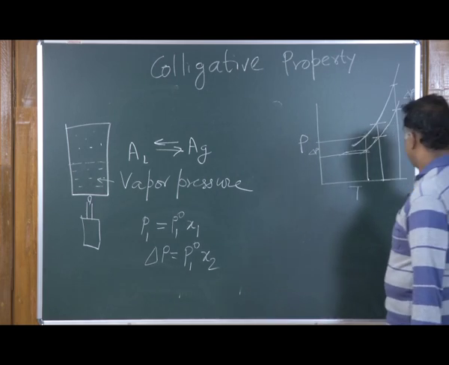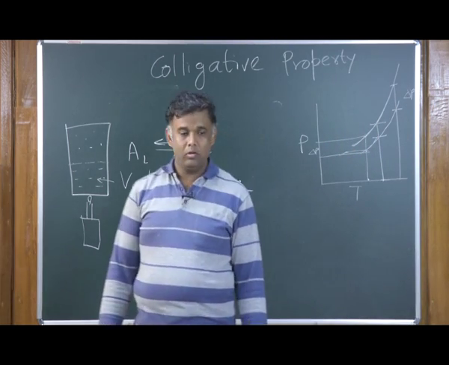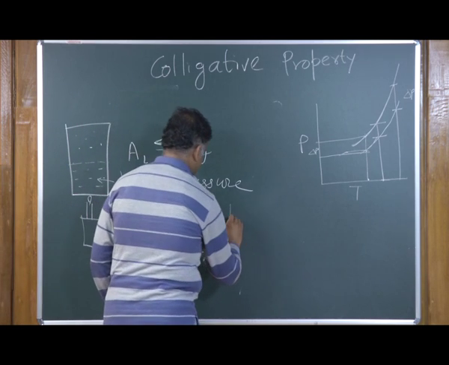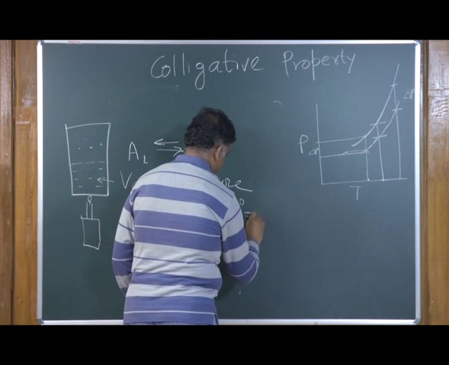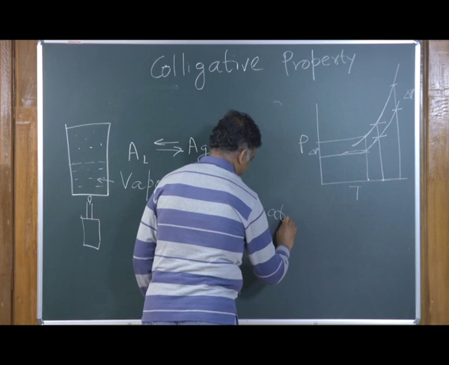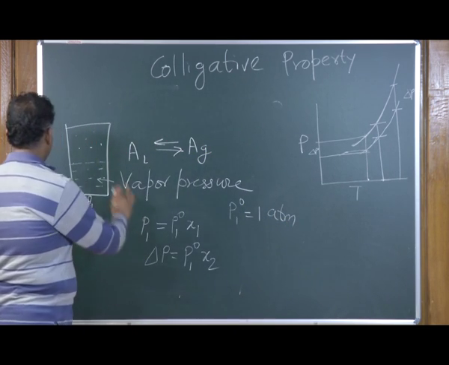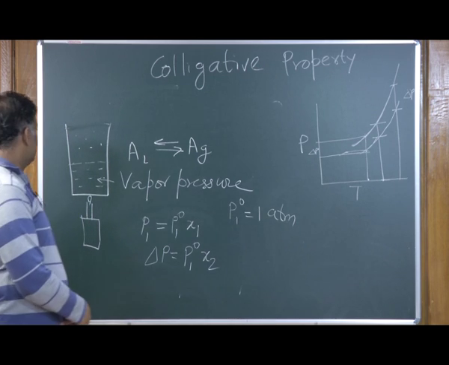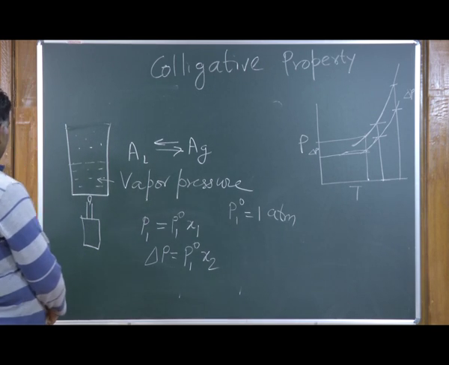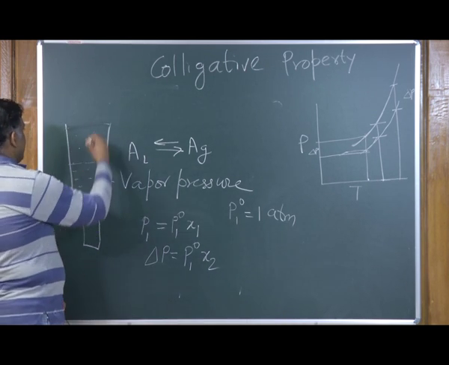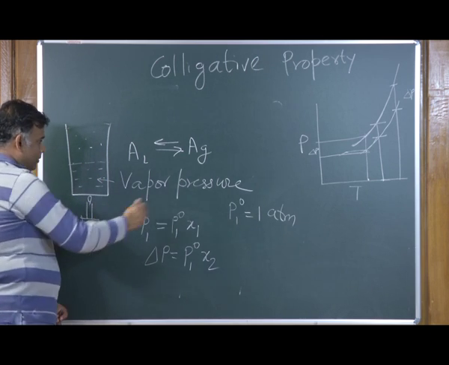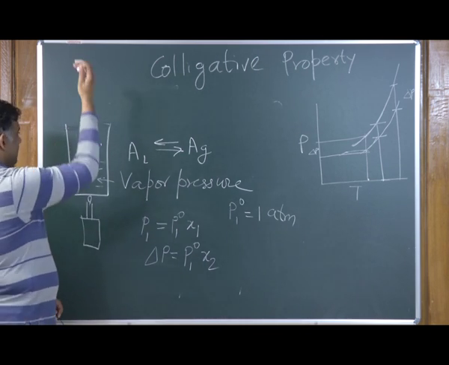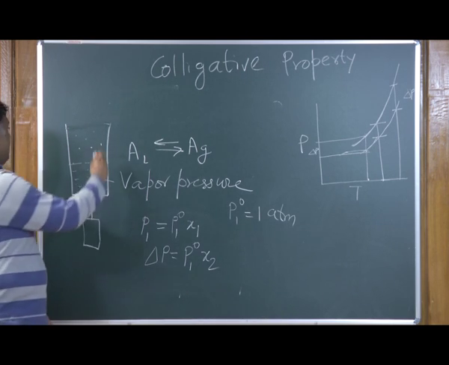Now, what is the normal boiling point? Normal boiling point is when the vapor pressure P1° becomes equal to 1 atm. If I have left this container open at 1 atm, at the normal boiling point the external pressure and the vapor pressure become equal, and it will simply boil.